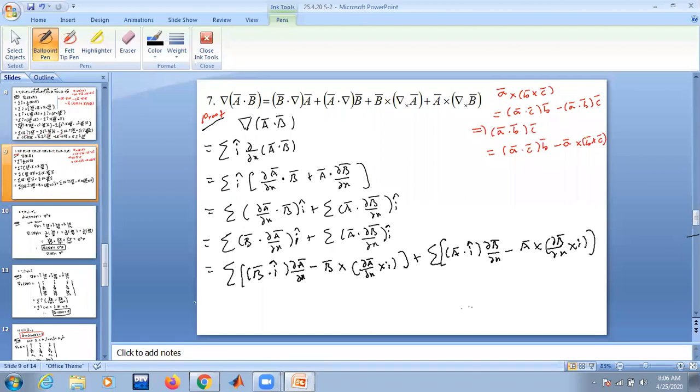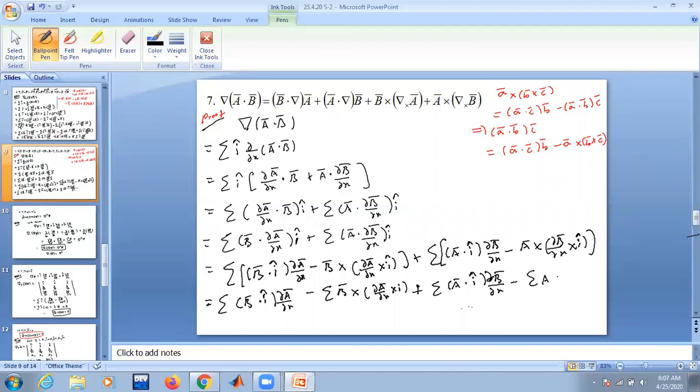Okay, now separate the terms. So this is Σ (B · i) ∂A/∂x minus Σ B × (∂A/∂x × i), plus Σ (A · i) ∂B/∂x minus Σ A × (∂B/∂x × i).